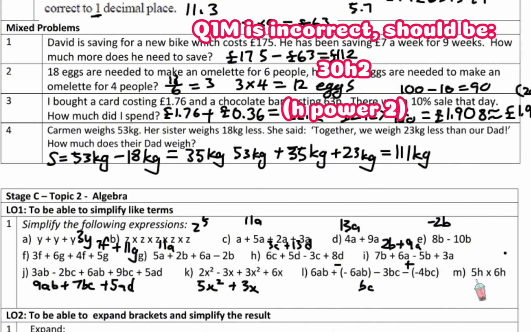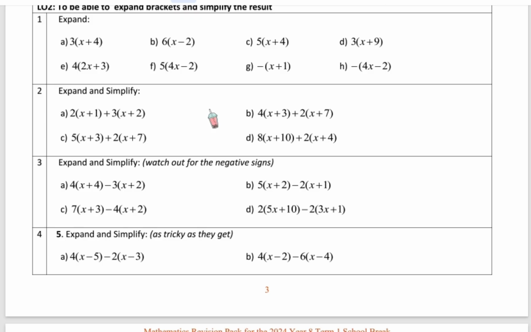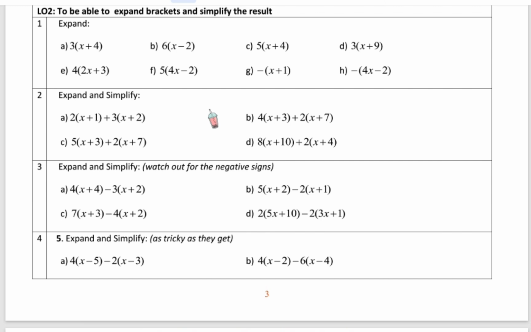So 5h times 6h would equal 30h squared. Question 1. Expand. To expand, we'll just multiply the numbers in here. So we will take 3x plus 12, and for B it will be 6x minus 12.